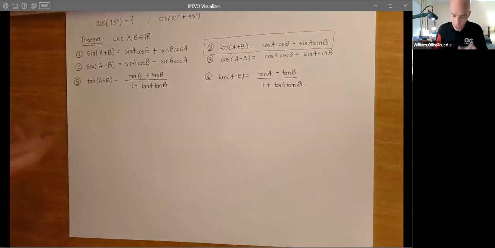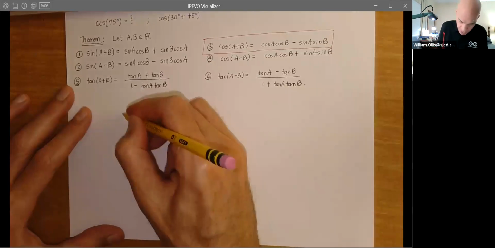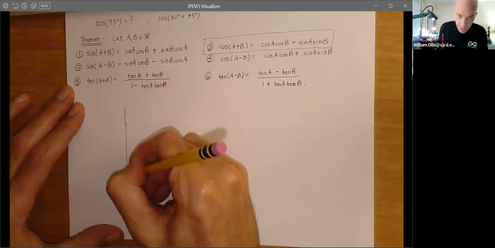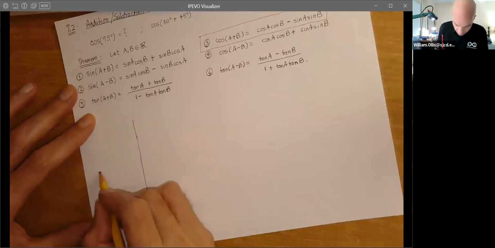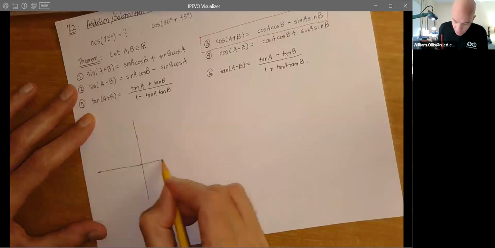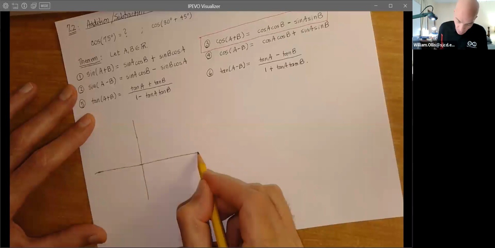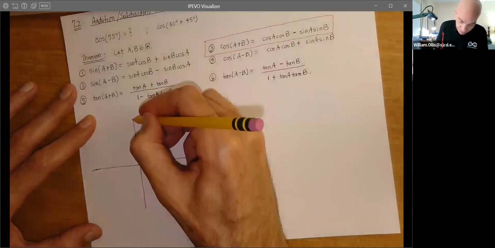So what I want to do is just draw a unit circle, very simple procedure here, and work with the arcs and the chords. This just helps to coordinate our logic. And we provide the mathematics to make it a proof.